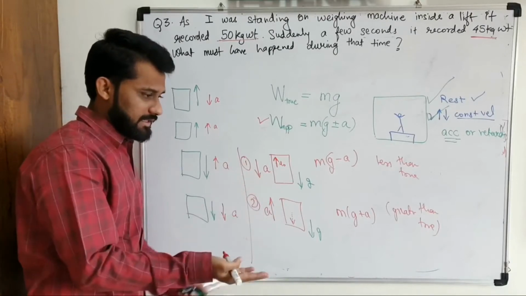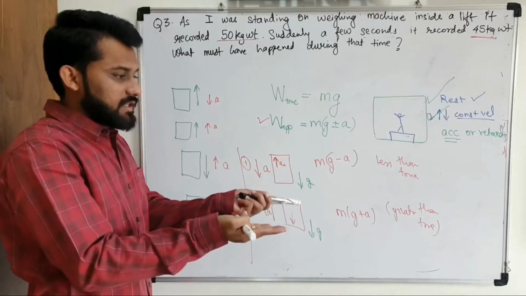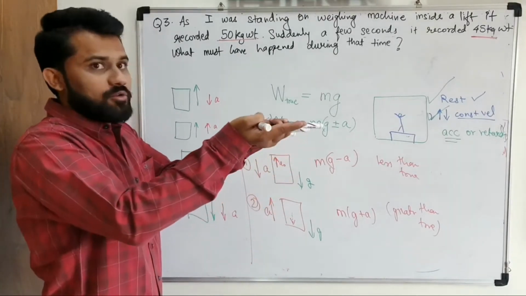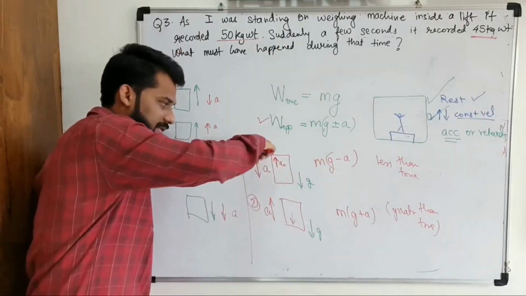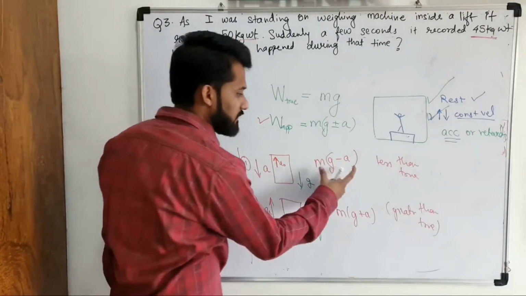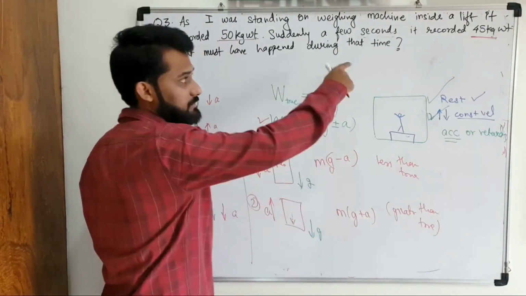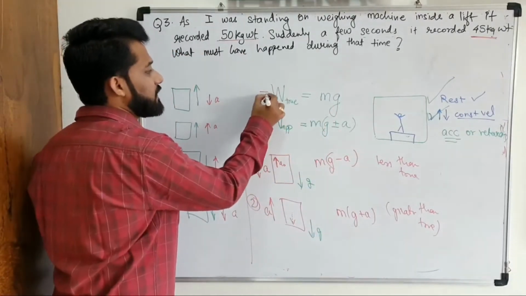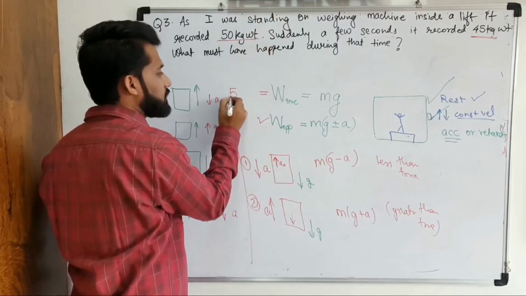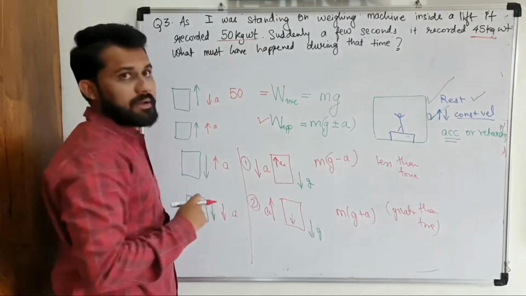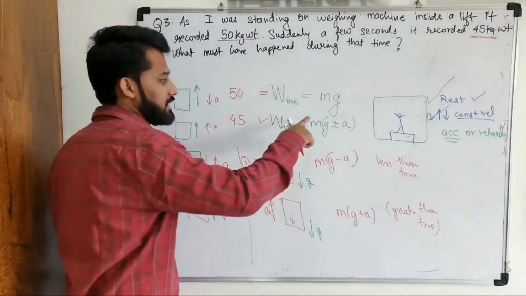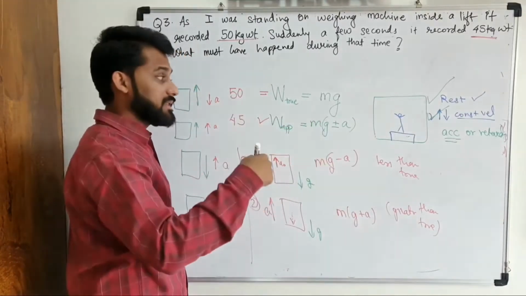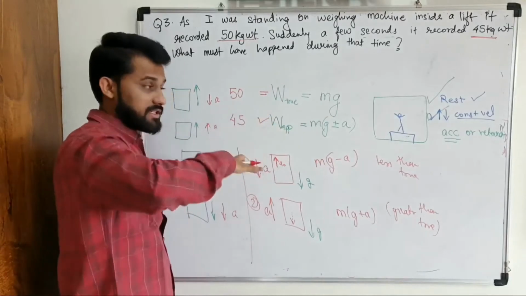So either initially the lift was moving with a constant velocity upward, I recorded my true weight 50, and suddenly it starts stopping, it starts retarding. In that case, acceleration was downward. So the weight reduced. So in this particular example, what is the true weight? The true weight is 50. And then what is the apparent weight? It is 45. And whether I should use g plus a or g minus a? I should use minus because the weight has reduced.